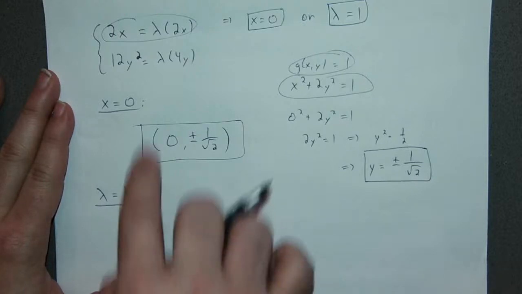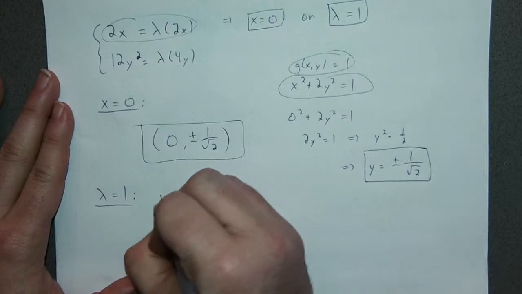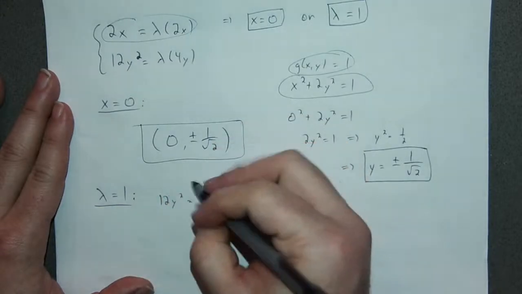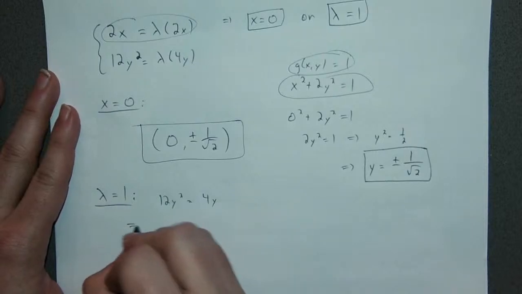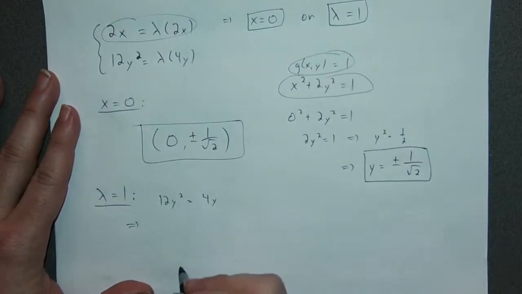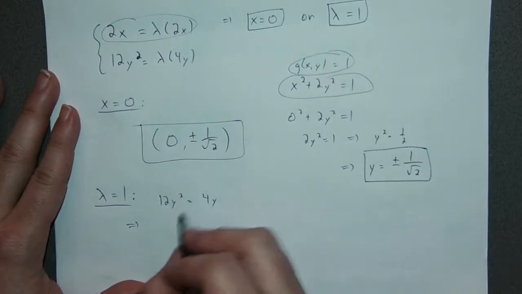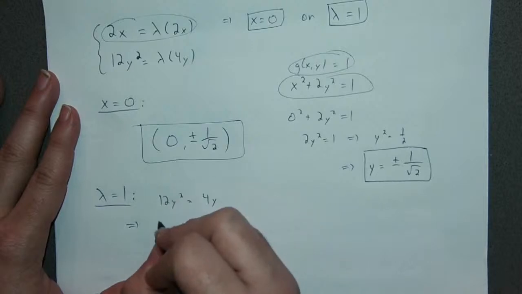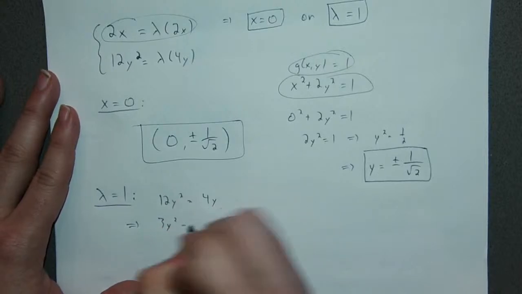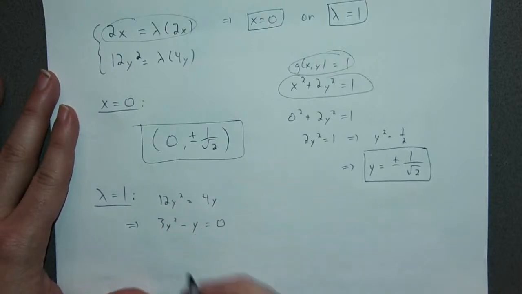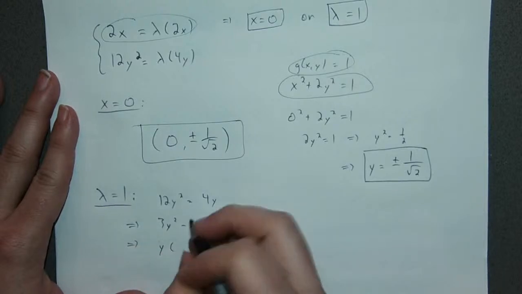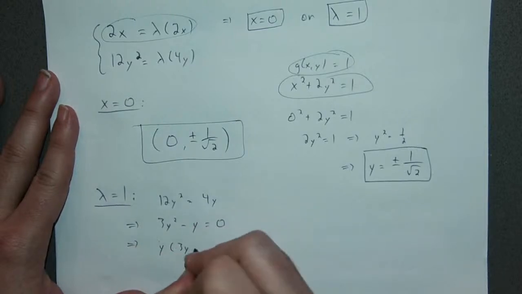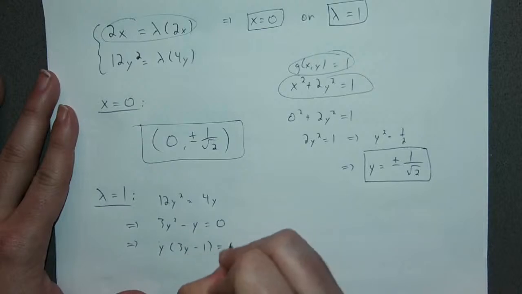But when lambda is equal to 1, looking at the second equation, I get 12y squared is equal to 1 times 4y. So 12y squared is equal to 4y. All right, so dividing both sides by 4 and moving y to the other side, this is 3y squared minus y is equal to 0. Factoring, this is y times 3y minus 1 is equal to 0.